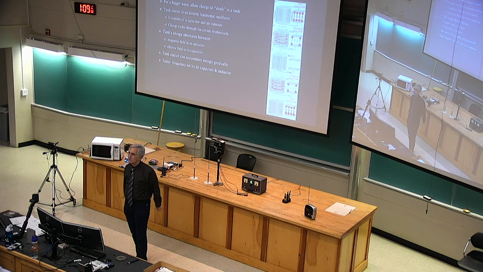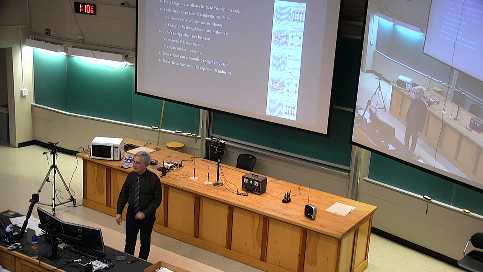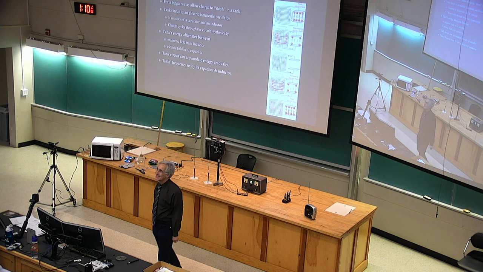You can make tank circuits that only have a couple cycles per second. They're going to be physically quite big because they involve big coils and big capacitors. And you can make tank circuits that go many billions of times per second, and they're going to be teeny because they have little coils and little capacitors.